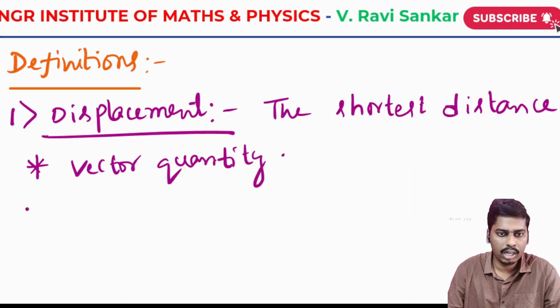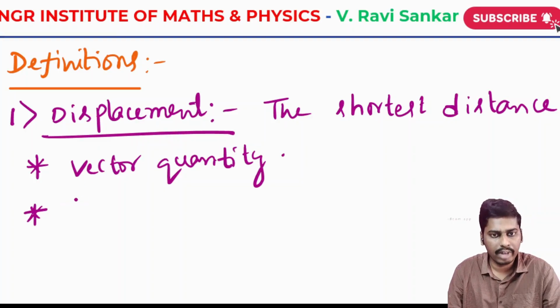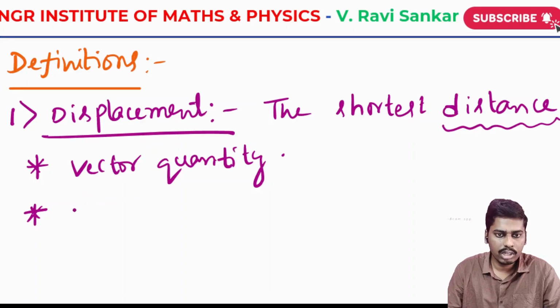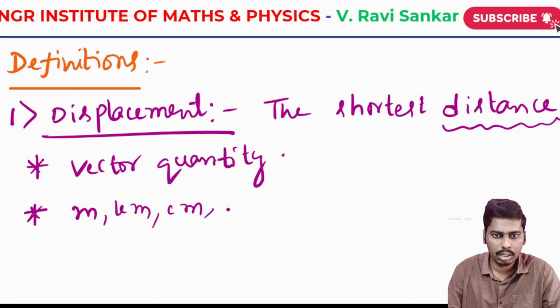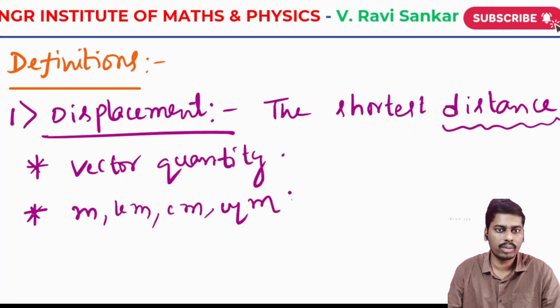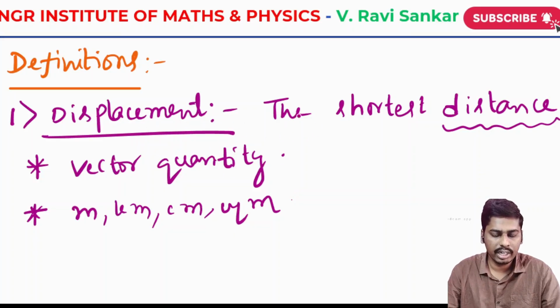And what are the units of displacement? The units of displacement are the units of length, right? It is nothing but distance, nothing but length. Meter, kilometer, centimeter, micrometer, whatever it may be. That is the displacement units.